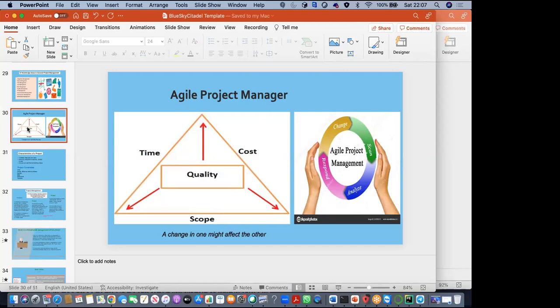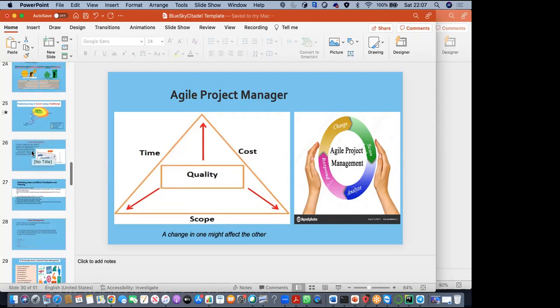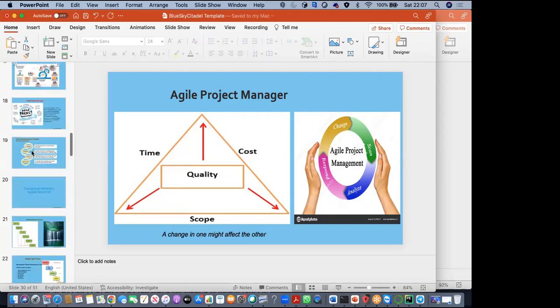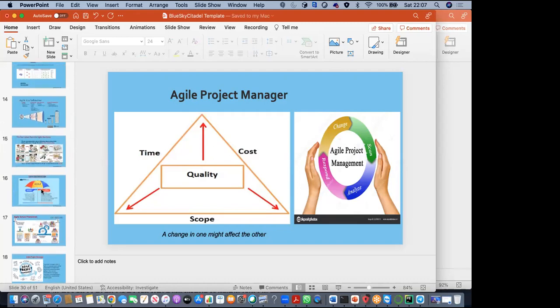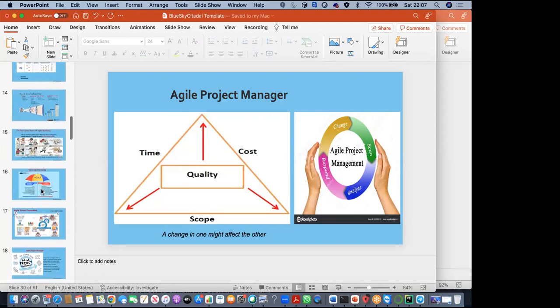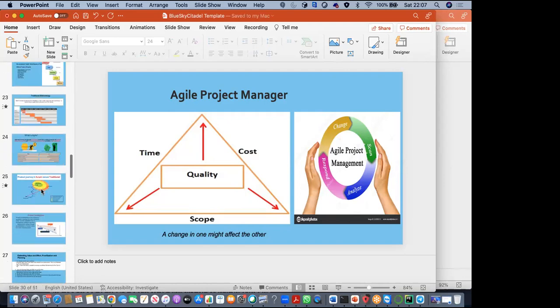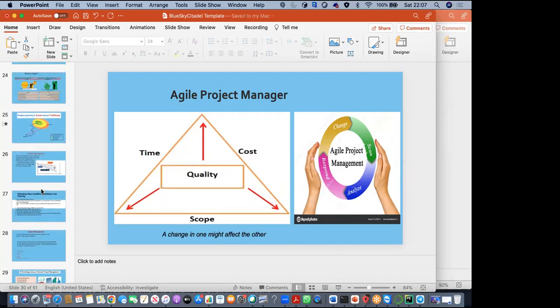The scope has changed. Don't forget, we said in Agile, we welcome change even at the later stages of development. You remember we said that. Now, it doesn't mean because we said that that we wouldn't capture the change.